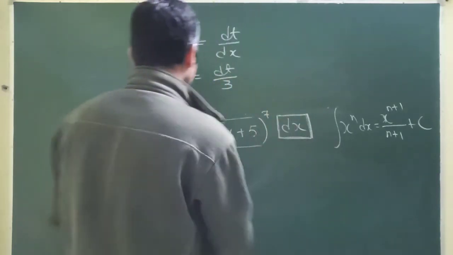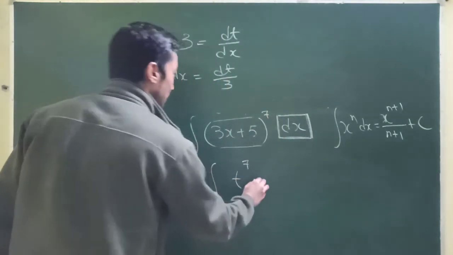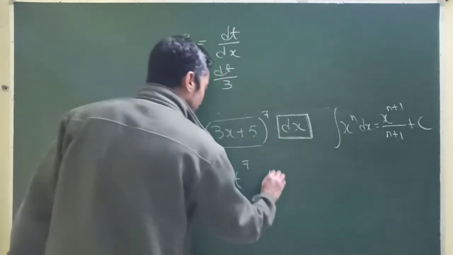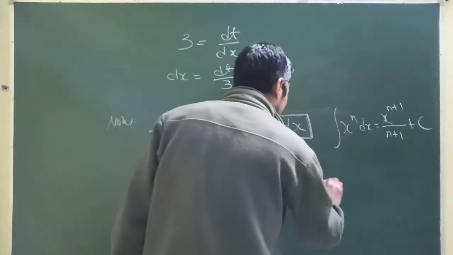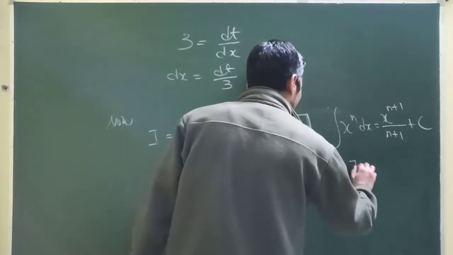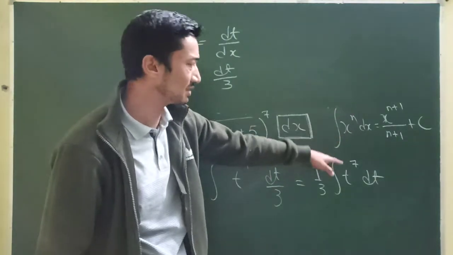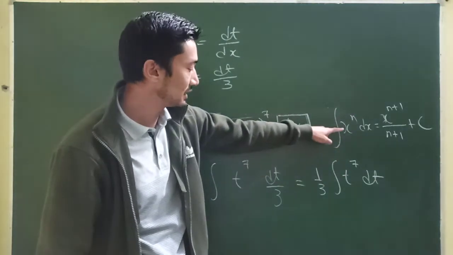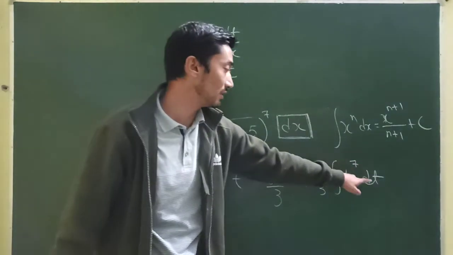Once that is done, I have replaced this with t power 7, and dx I can write now as dt by 3. So this 1 by 3 is a constant, immediately take it out. Integration of t power 7 with respect to t. Now you can see that this is almost the same, just the variables are different. It's exactly the same as x power n with respect to x, so it's t power 7 with respect to t.